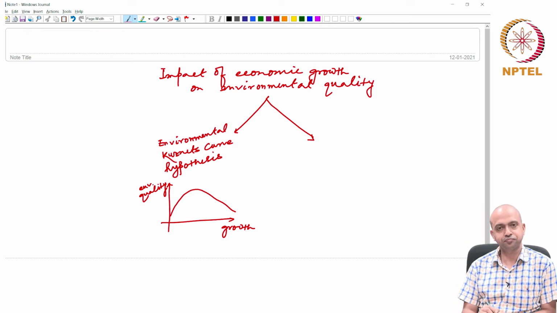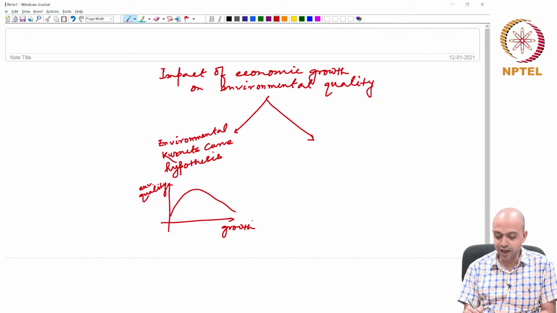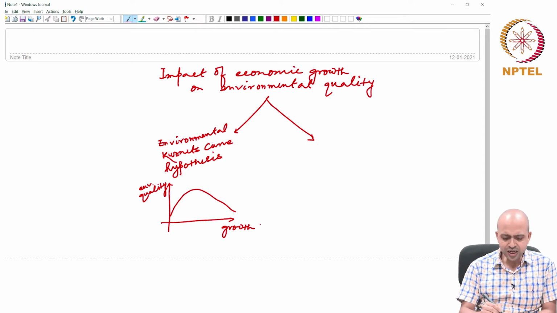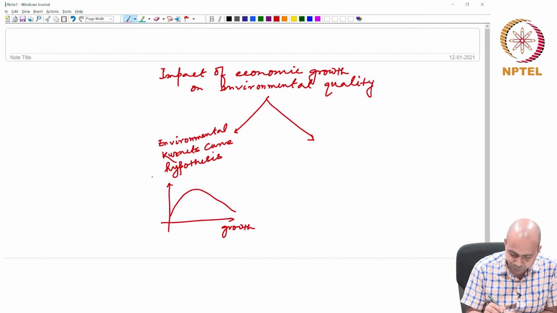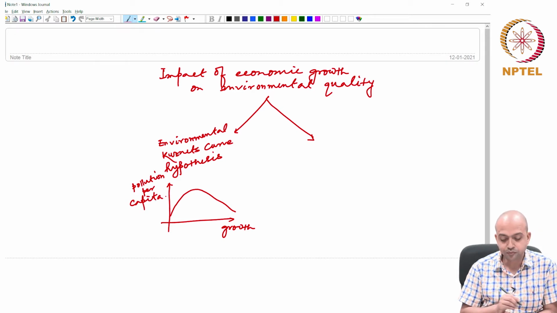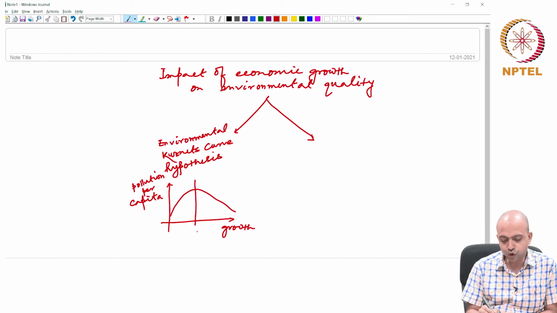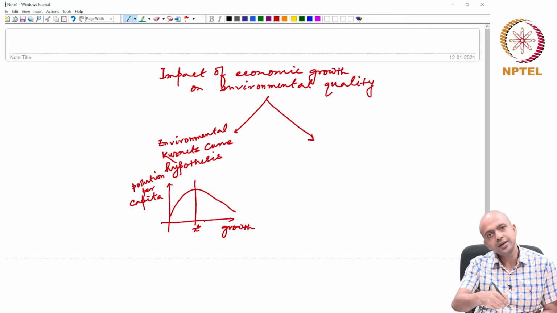It means that as the economy grows, instead of environmental quality, let's say pollution per capita. Initially pollution also increases, but once a certain per capita level of income is achieved, then pollution per capita starts declining.